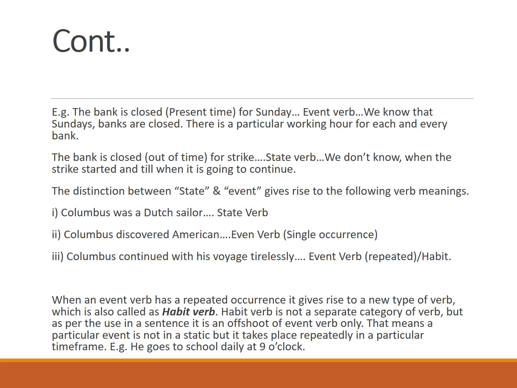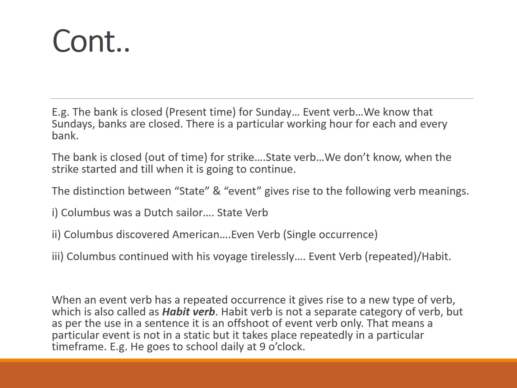For example, the bank is closed, present time, for Sunday. So now keep focusing on the sentence. The bank is closed for Sunday. Event verb. We know that on Sundays banks are closed. But when you use this specifically, it means there is a particular working hour for each and every bank.